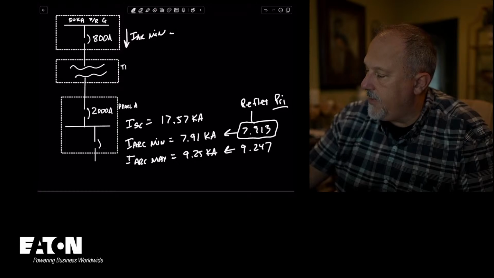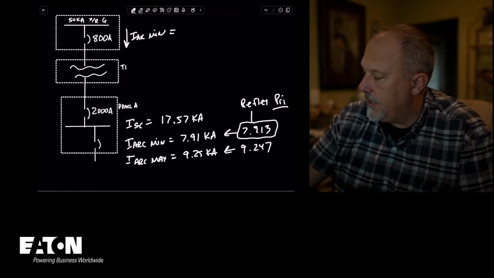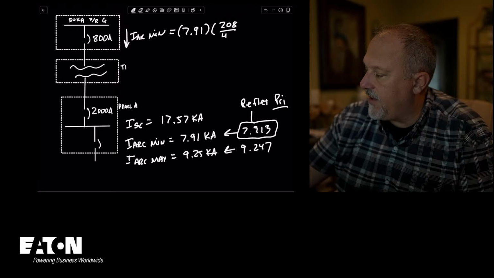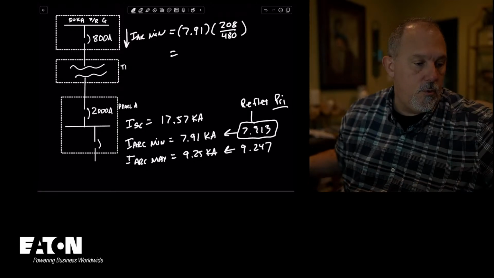My I arc minimum is equal to 7.91 times the secondary voltage, 208, divided by 480.